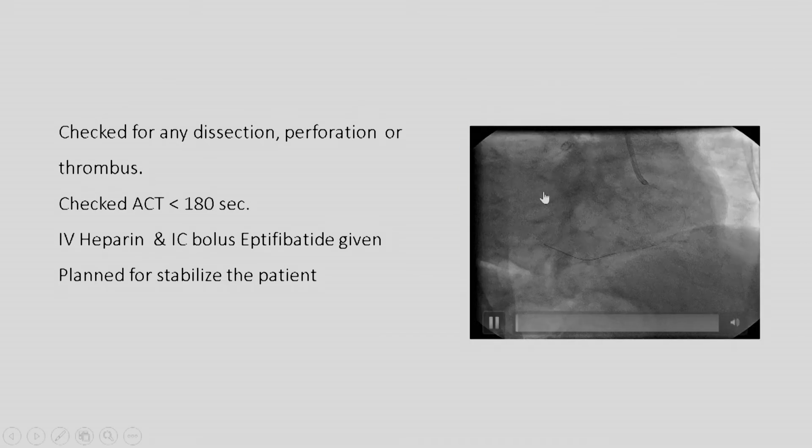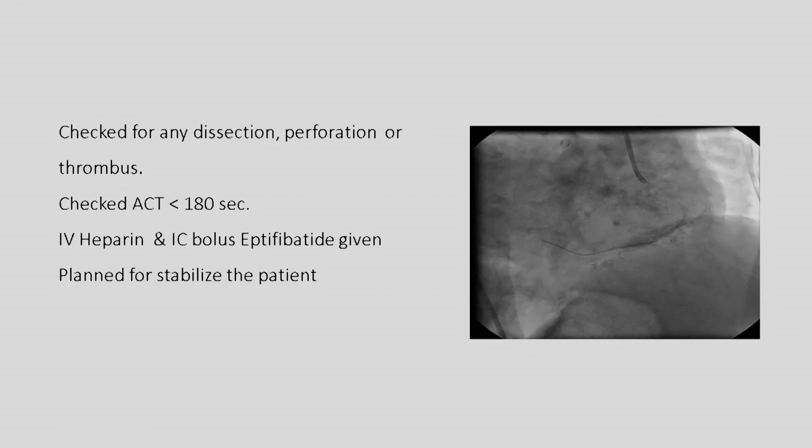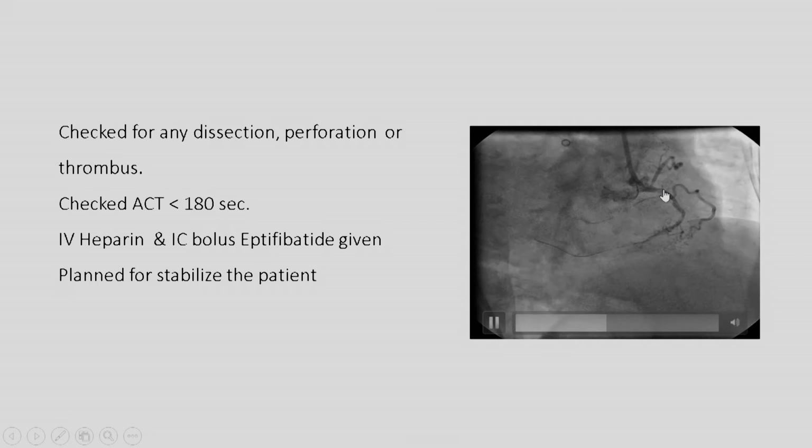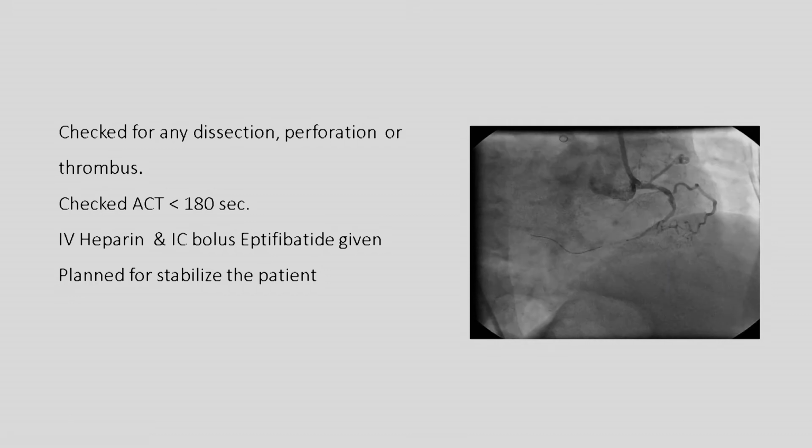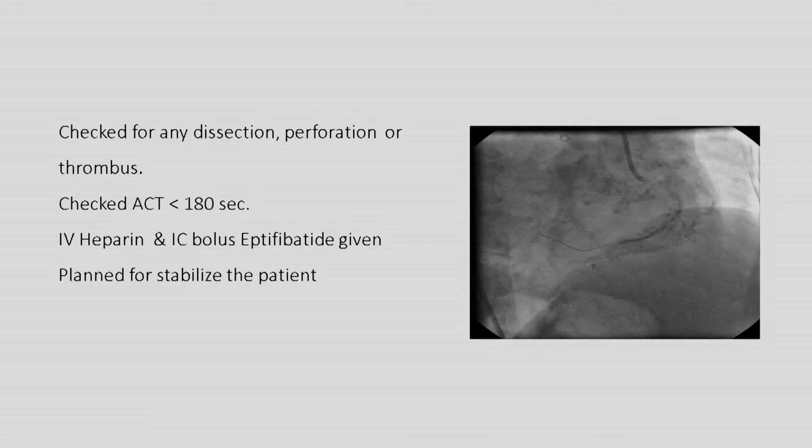I again checked for any dissection or perforation or any thrombus, and look, there is a white shadow in the proximal part of the RCA. ACT was checked, and it was less than 180 seconds, so IV heparin and intracoronary bolus of heparin was given, and we were waiting for stabilizing the patient.